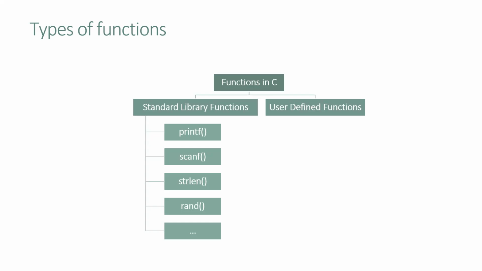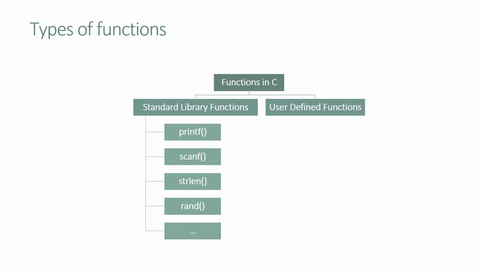Then you've got user-defined functions. These are the custom-made tools you create. As a programmer, you get to decide what these functions are called, what kind of data they're going to hand back, that's the return type, what ingredients they need, those are the parameters, and what they actually do, that's the implementation part.